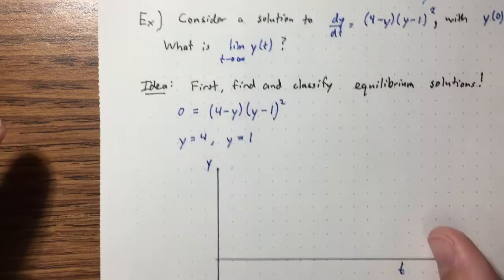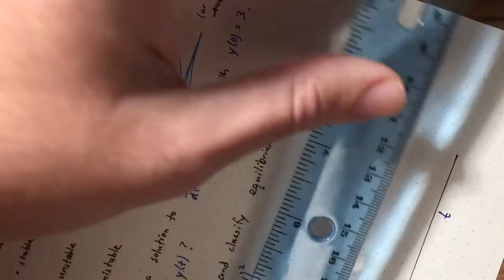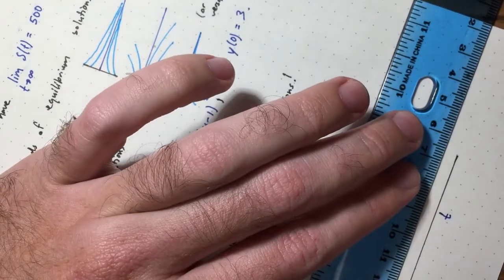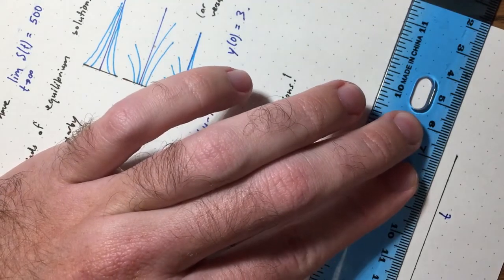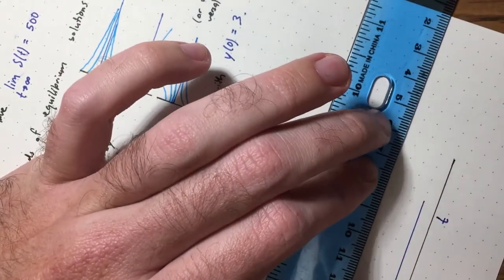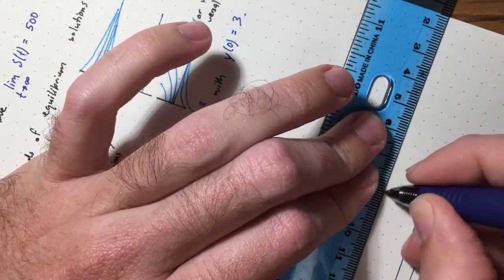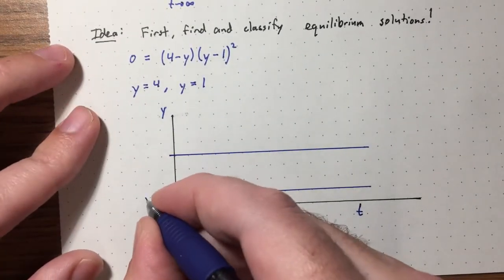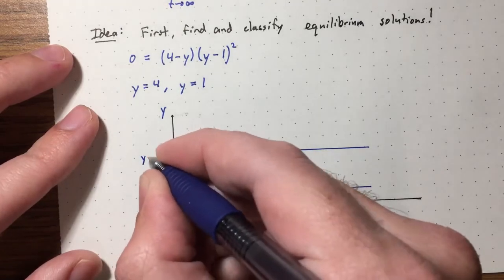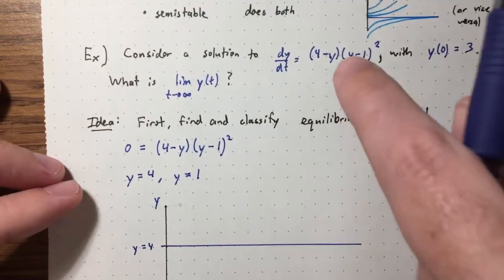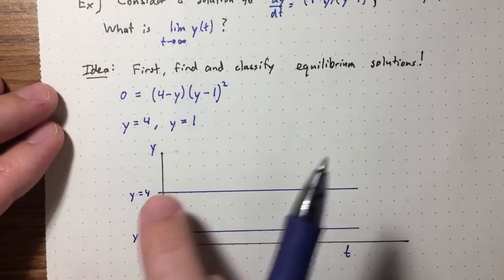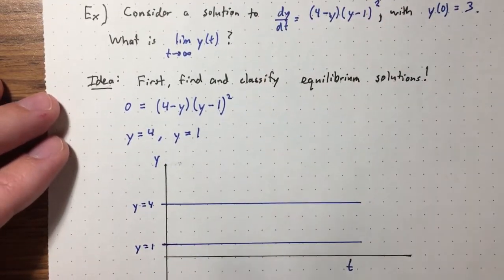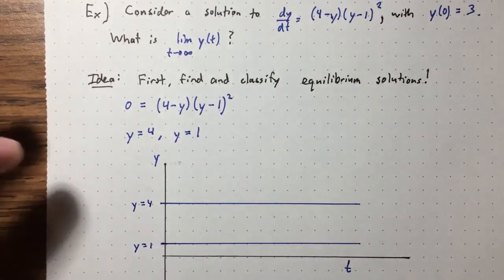Let's go ahead and plot the equilibrium solutions. So I have one here, and then I have one here. So those are my equilibrium solutions. So this one is y equals 1, and this is y equals 4. And these really are solutions to this differential equation, right? If you plug this in and you plug in its derivative, you get a true statement. That's the whole idea of this method of plugging in 0.